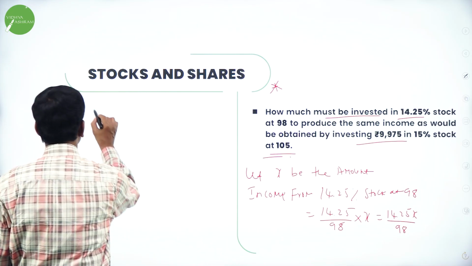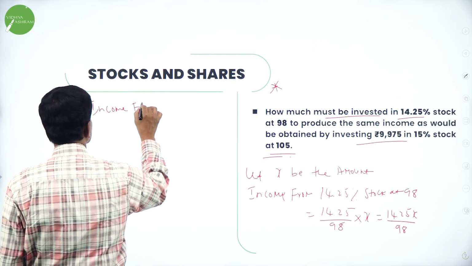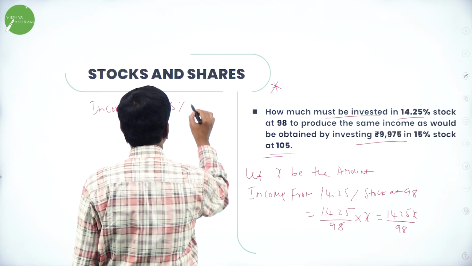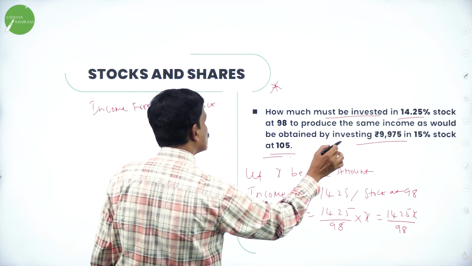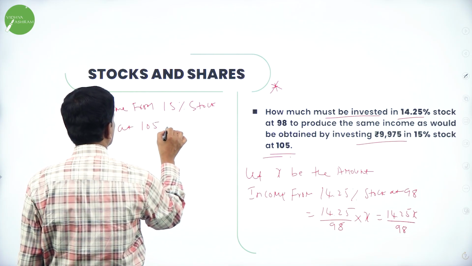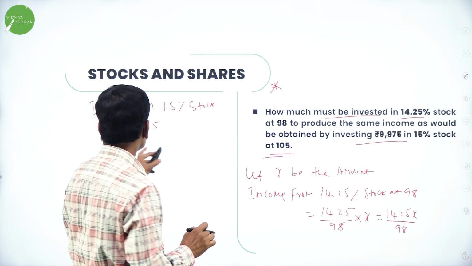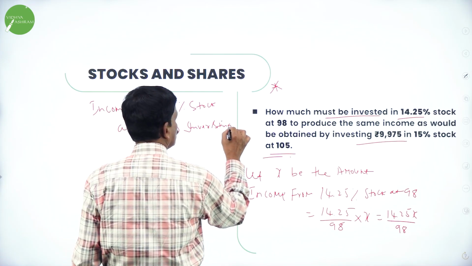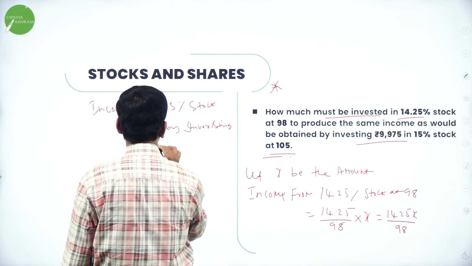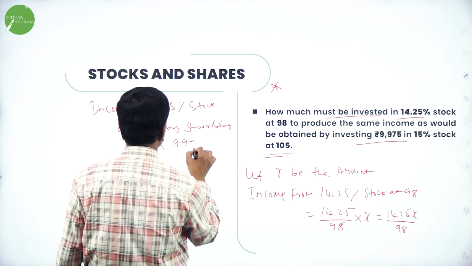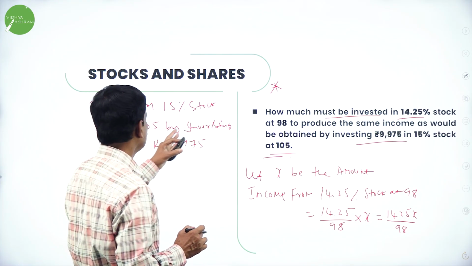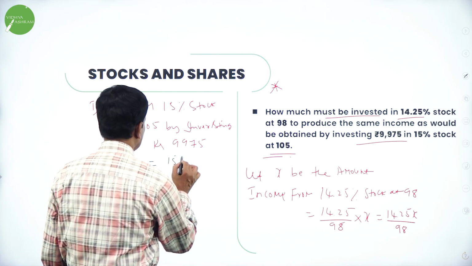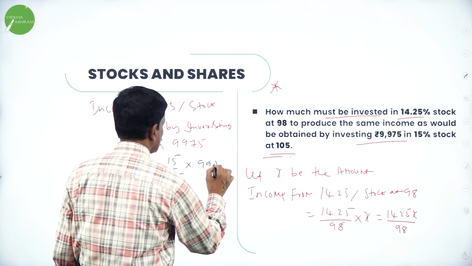Similarly, the income from 15% stock at 105 by investing rupees 9,975 is equal to 15 divided by 105 into 9,975.